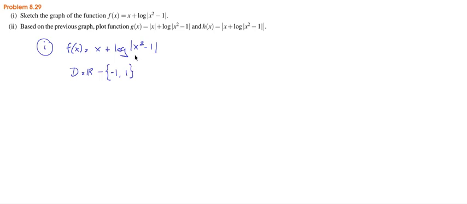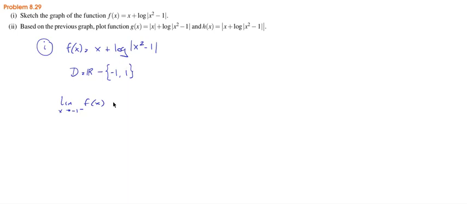Because that's what the logarithm has at that point, right? So we can actually get what happens when you go to this minus 1 asymptote on the left. So you have minus 1 plus the logarithm of minus 1 squared minus 1, so this is going to minus infinity.